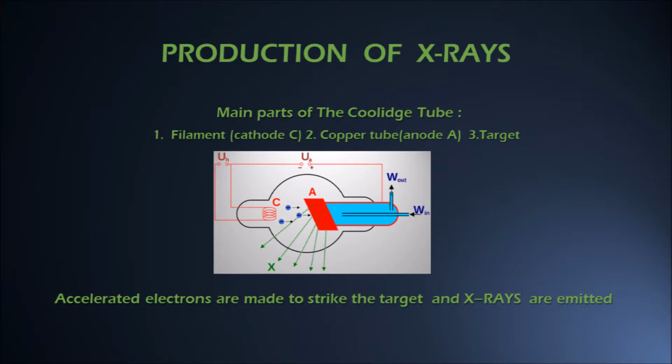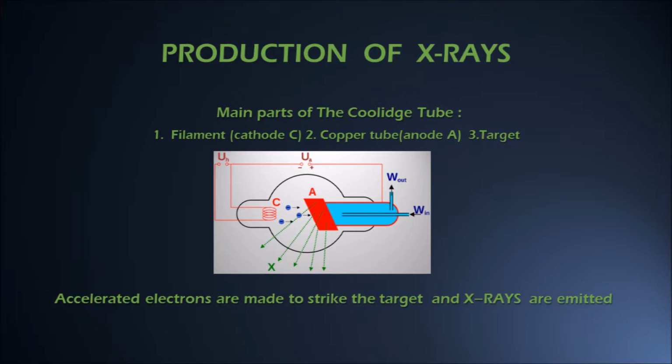The most modern apparatus used for production of X-rays was discovered by Röntgen in 1895, and this apparatus is known as Coolidge tube. This tube was designed by a scientist Coolidge in 1913. What is a Coolidge tube? A Coolidge tube is a highly evacuated glass tube having a filament.